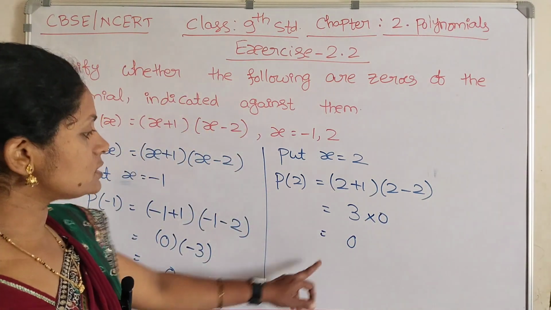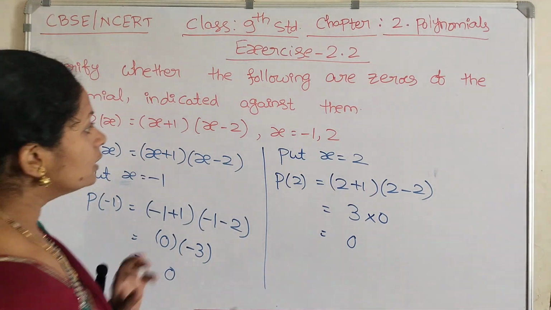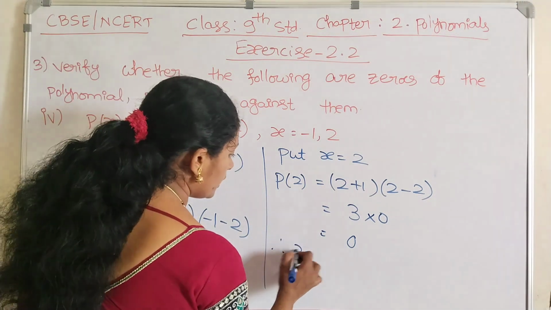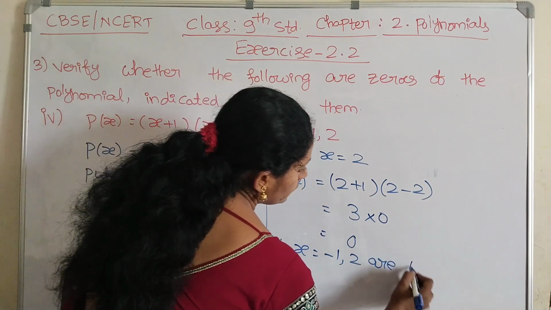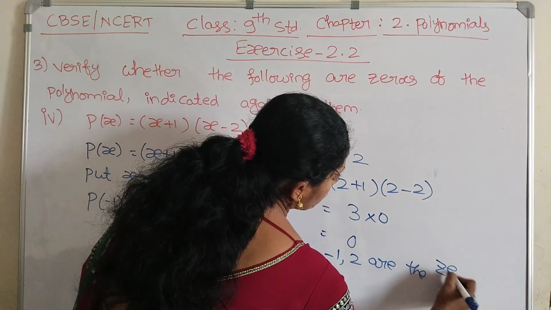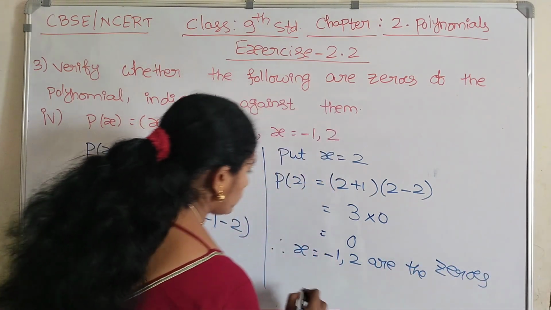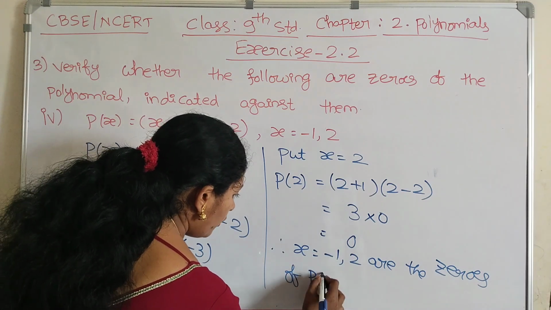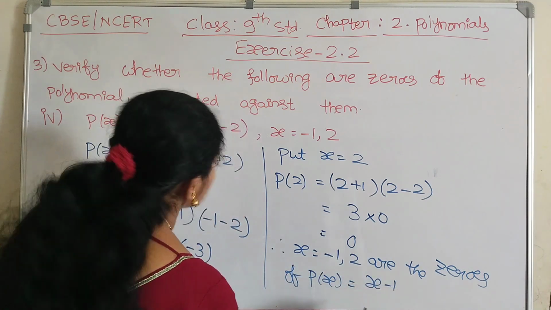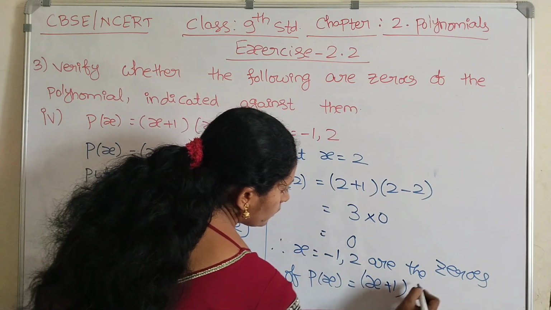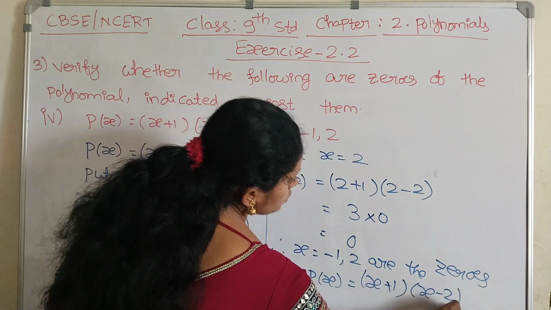For both the values, as we got 0, therefore, x = -1, 2 are the zeros of P(x) = (x + 1)(x - 2).